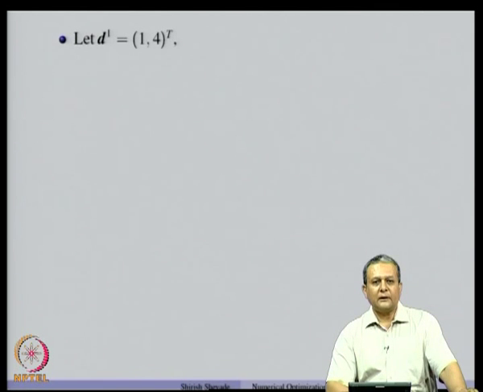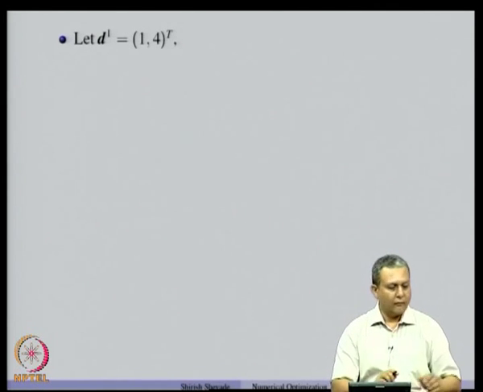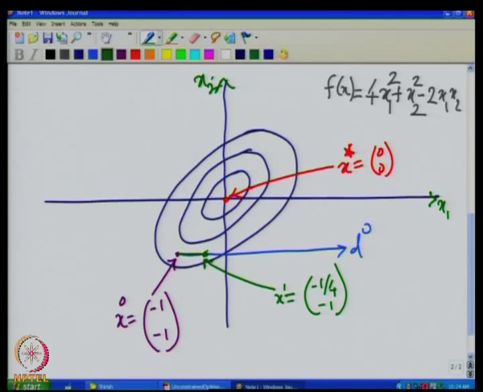Now, if we use that direction, this is going to be our d1. This is the direction (1, 4) from this x0.